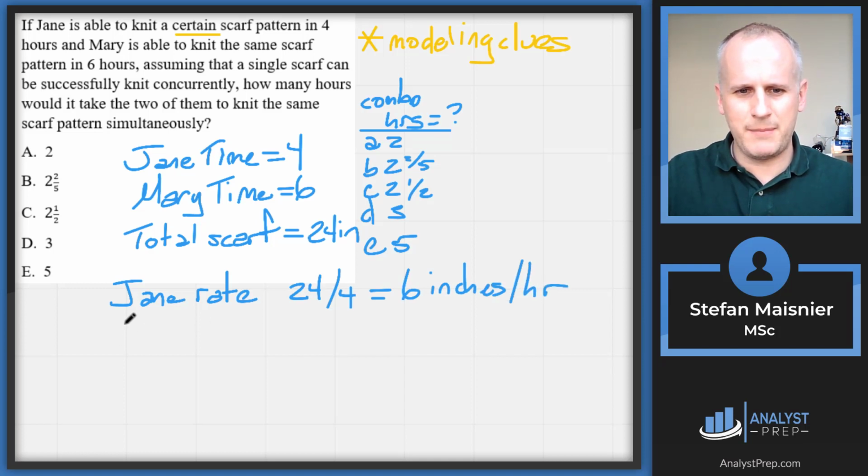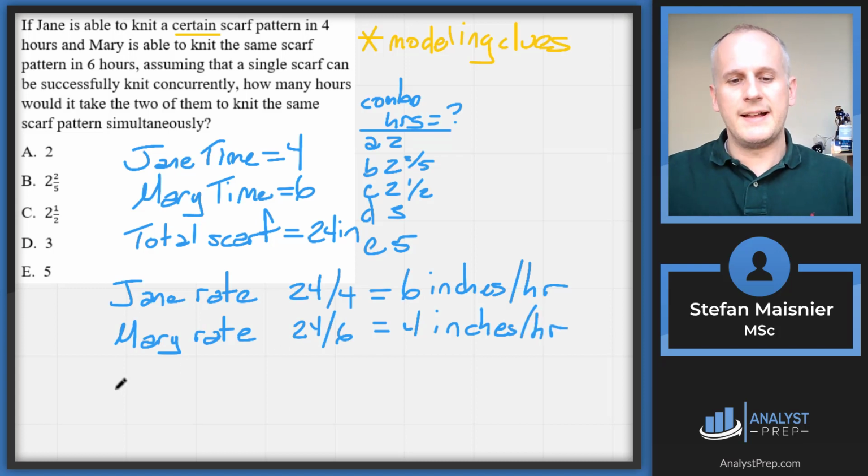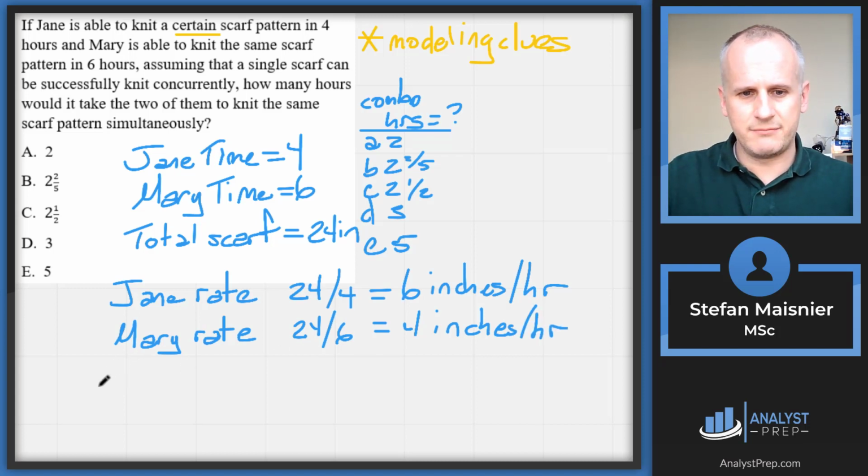And we know that Mary's rate would be those 24 inches divided by 6 hours, which would be 4 inches per hour. And then their combined rate is just going to be the sum of those two values. So the combo rate is equal to 10 inches per hour.